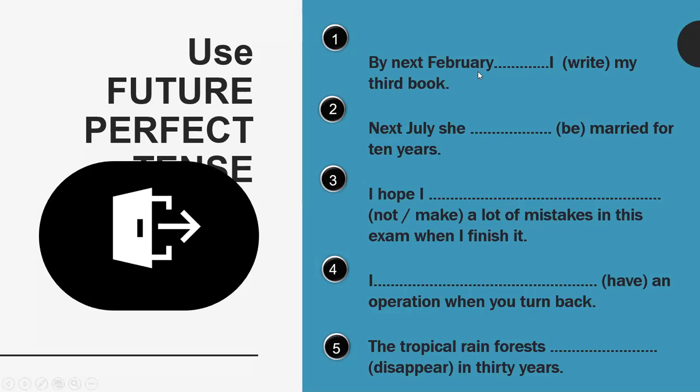Number 2. Who will do number 2? Next July, she blah blah blah. The clue is B, married for 10 years.